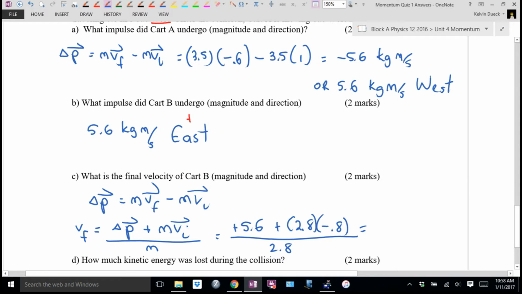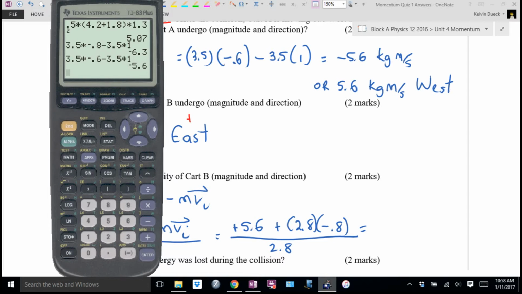So you could treat this by looking at both of them as a full system, or you can look at the individual mass because I know the impulse. Really we've kind of broken the law of conservation of momentum up into multiple steps instead of doing it in one fell swoop. Okay. 5.6 plus 2.8 times negative 0.8 divided by 2.8.